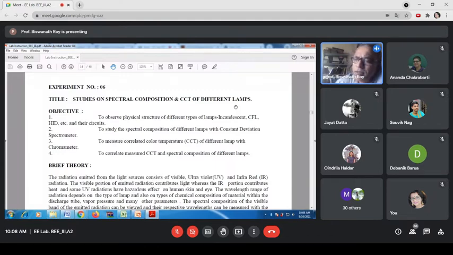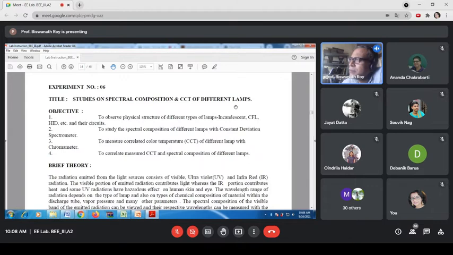Say, for example, an electric lamp. If we consider an electric bulb, a filament lamp, which was the most common lamp in earlier days. Nowadays, light emitting diode lamps are the most available lamps.